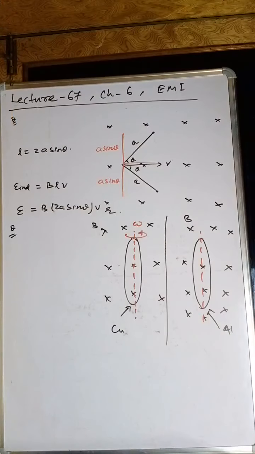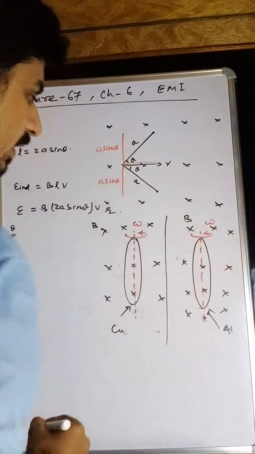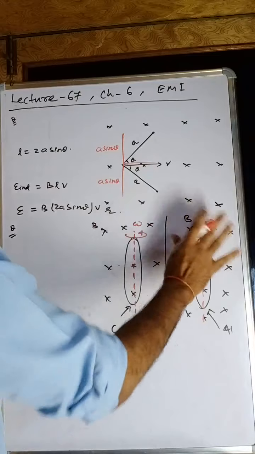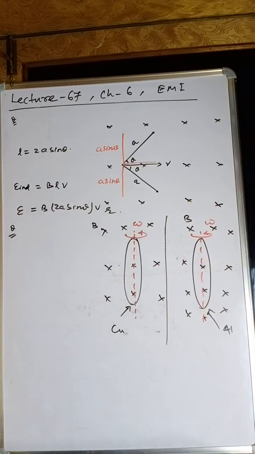The radius is the same, the magnetic field is the same, and of course the cross-sectional area will be the same. The masses of the rings are the same. Now the question: you have to compare the EMF.